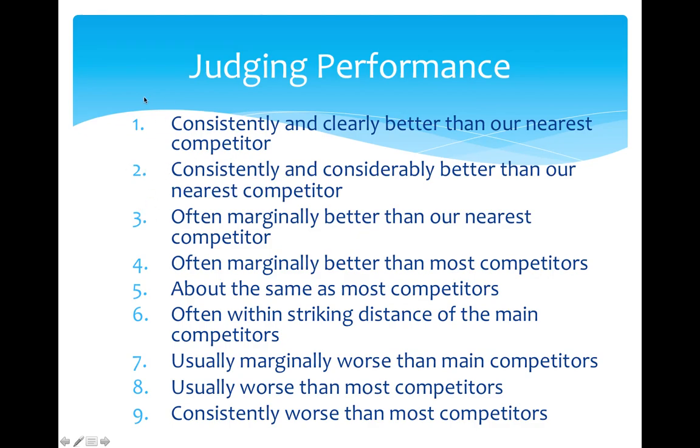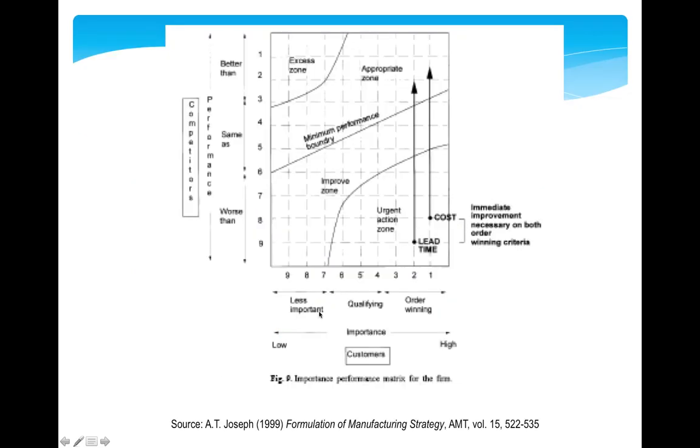If you are order winners, you've got to be performing at the 1, 2, or maybe even 3 level. Order qualifiers, you want to be around 4, 5, 6, and then less important criteria, maybe 7, 8, 9. So you could just divide it up into these 3 segments if you wish.